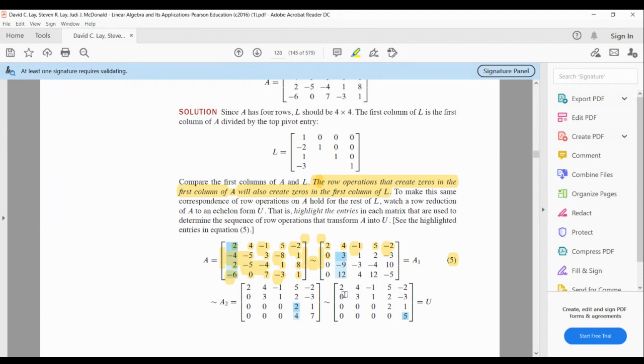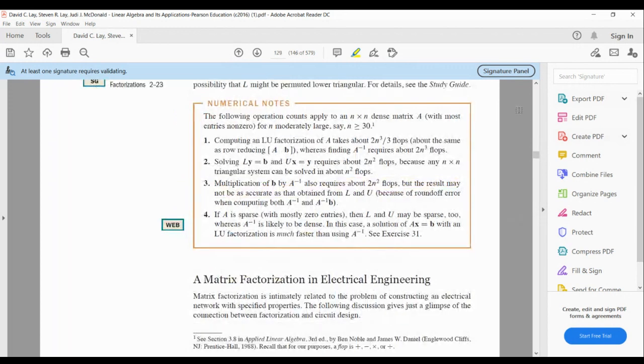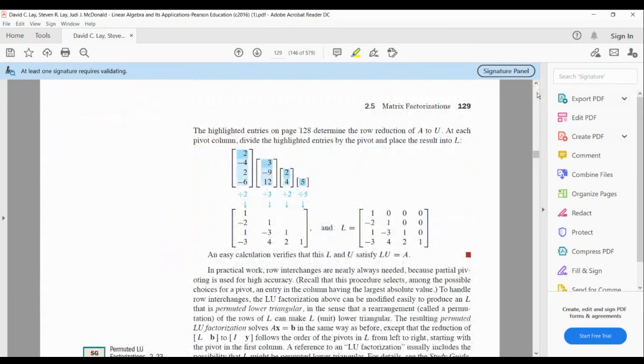Okay, so we just see here. Now what they do then, if we go to the next page, is they take the first column and divide all the entries by 2.